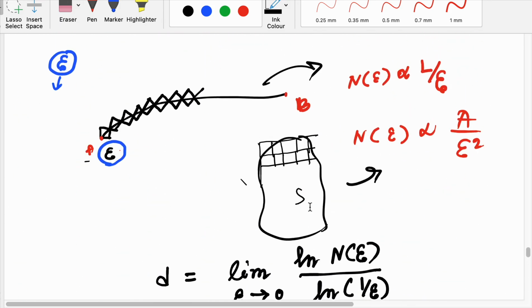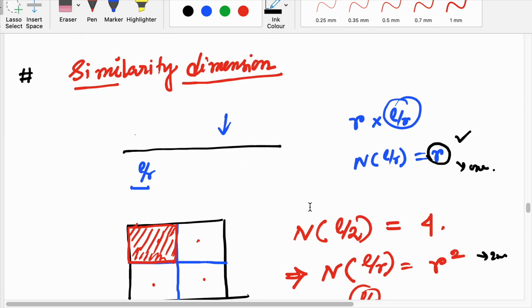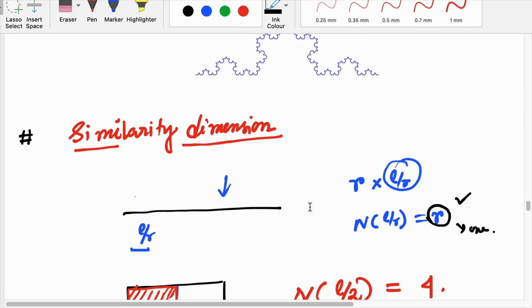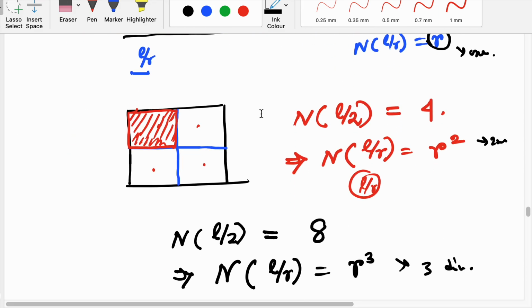And what we have seen is that there are two concepts of dimension. For exactly self similar objects, we found the similarity dimension, and by using the similarity dimension we determined the dimension of the Cantor set and the von Koch curve.